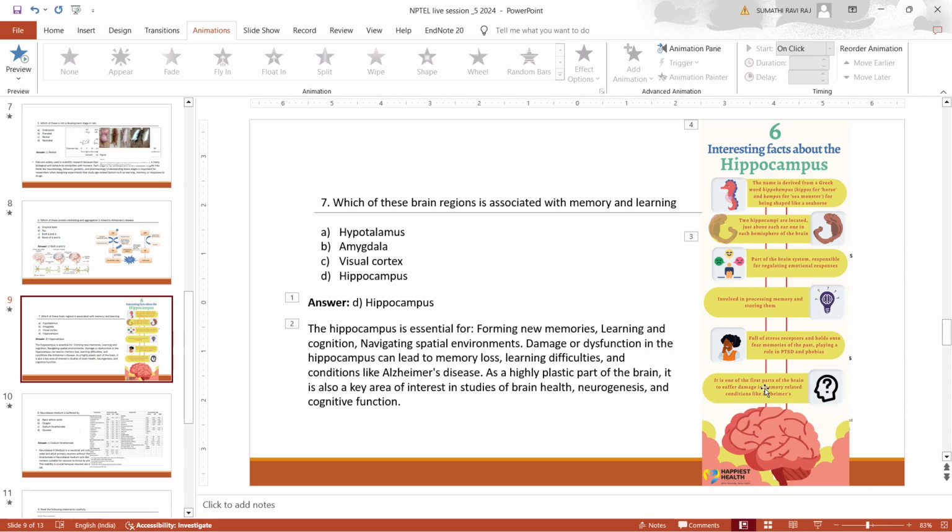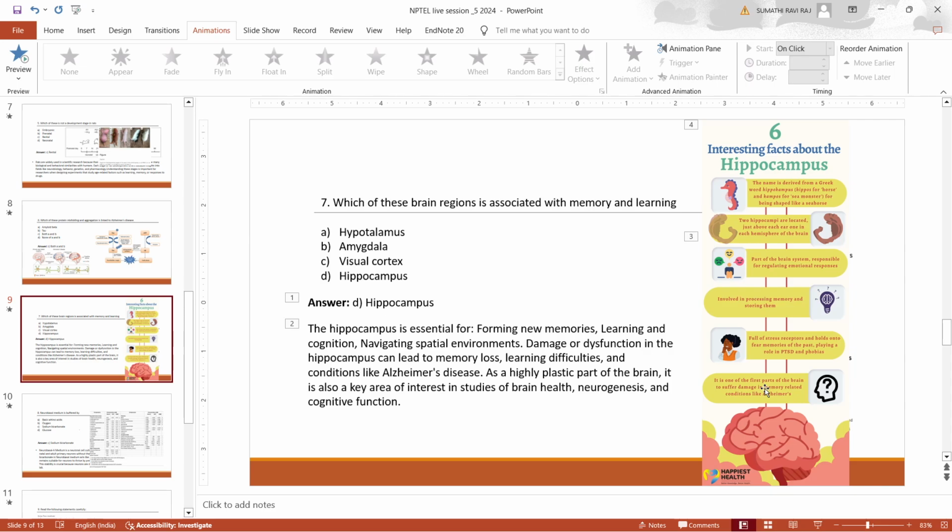It is responsible for regulation of emotional responses. It is involved in processing memory and storing it. It is involved in emotional responses, your PTSD, anxiety, phobias, etc. It is one of the major parts to suffer in most of the memory-related brain diseases.